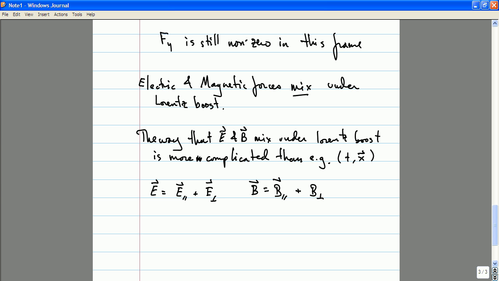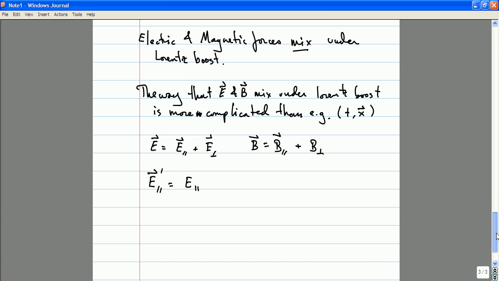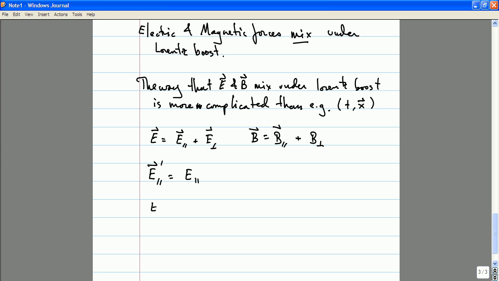Then the formula for the electric field in the new primed frame that is moving is given by something that is slightly different from the Lorentz transformation rules that we have seen so far.